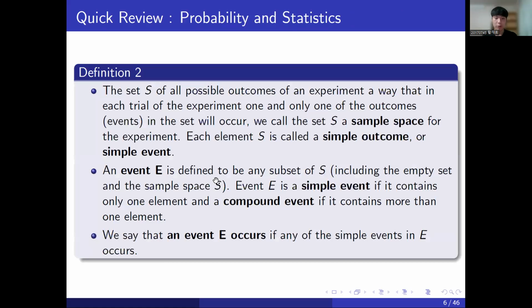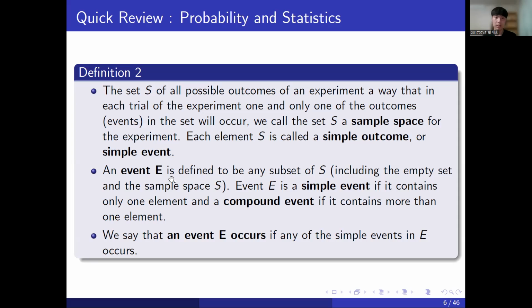The next thing I wanted to introduce is a basic definition of probability and statistics. Let's look at this definition. The set S of possible outcomes of an experiment is such that in each trial of the experiment, one and only one of the outcomes in the set will occur. We call the set S a sample space for the experiment. Each element of S is called a simple outcome or simple event.